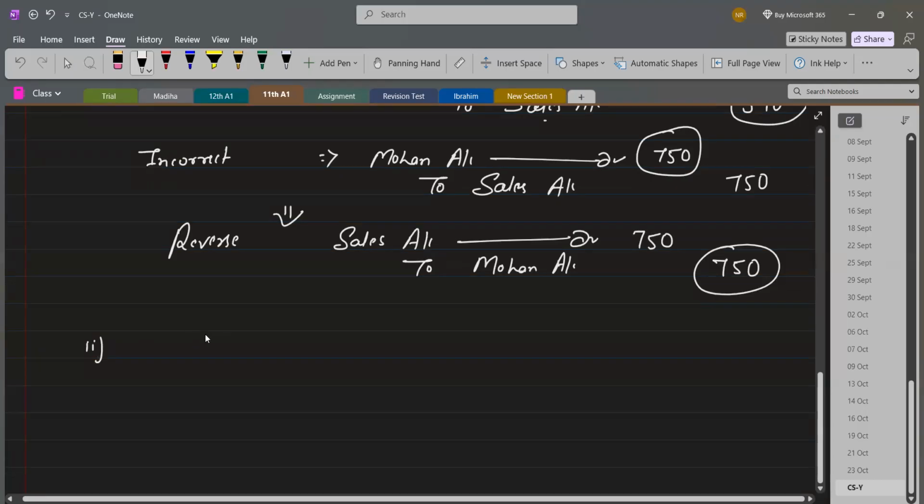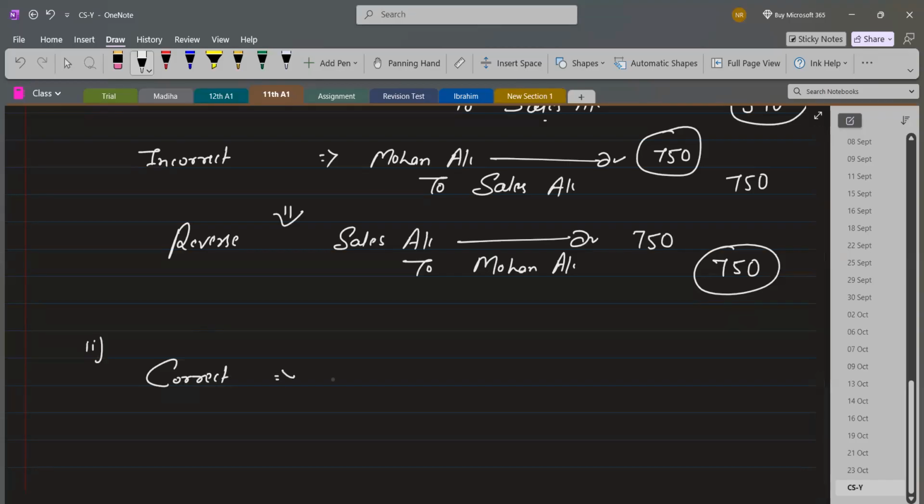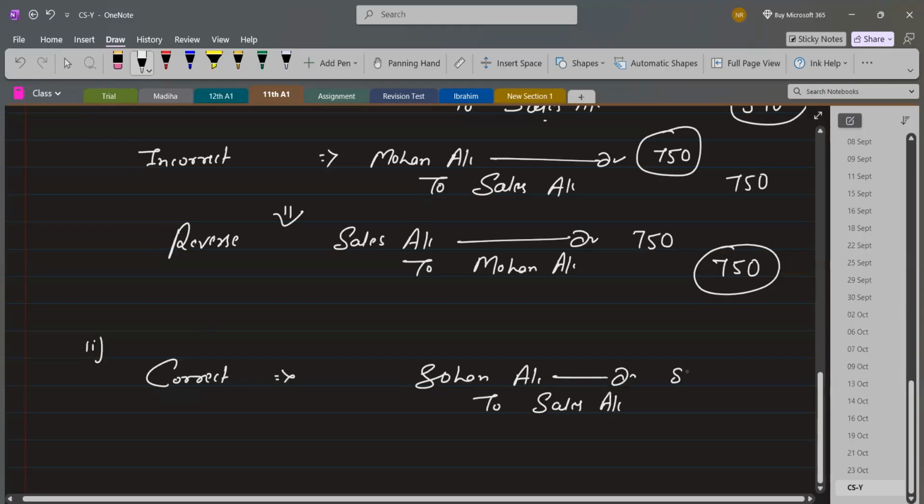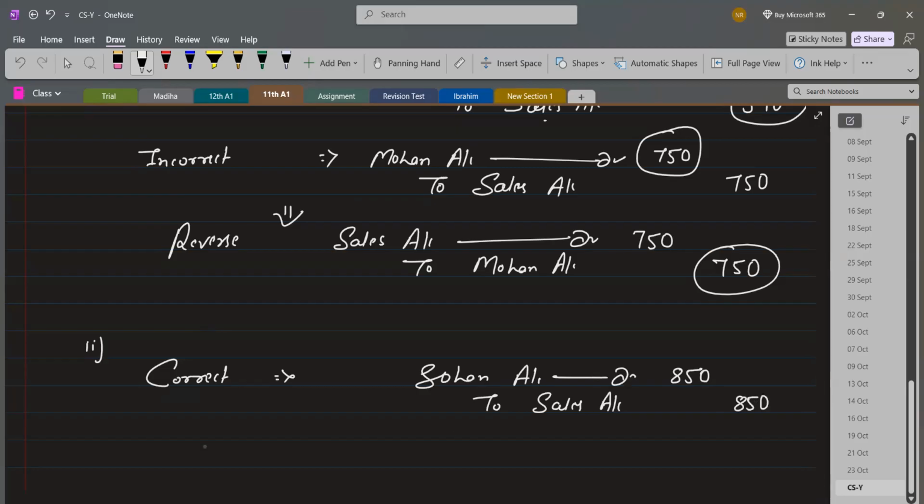The second one is: credit sale of 850 to Sohan was recorded as sale to Mohan. Yes. Now here, entry number 2. The correct entry should be Sohan account debit to sales account with 850. Now the incorrect one.